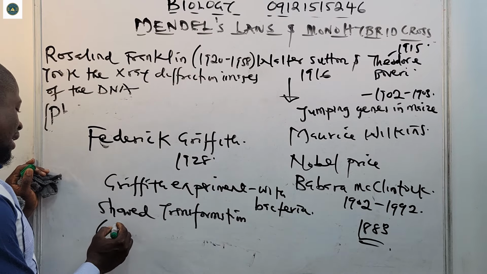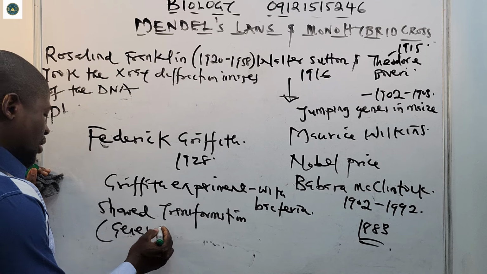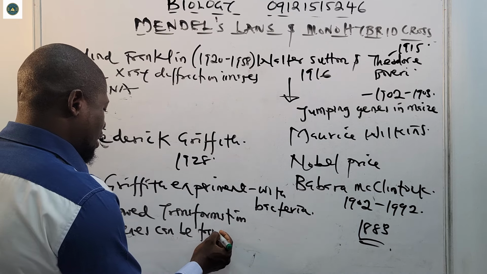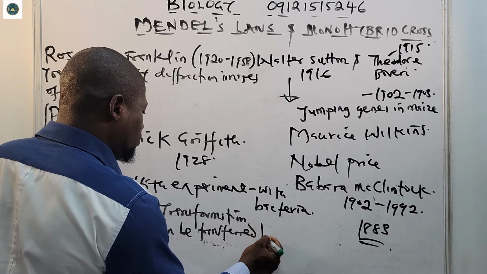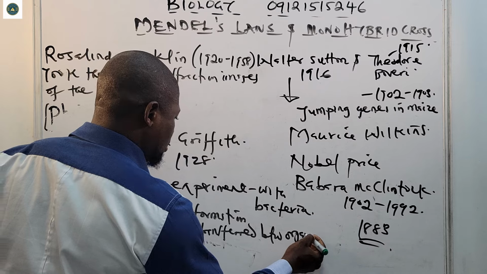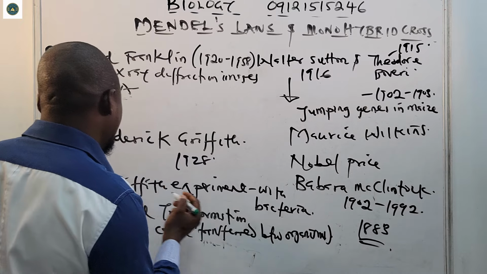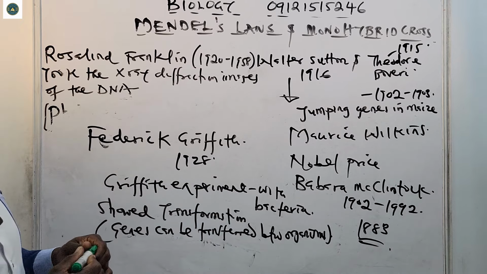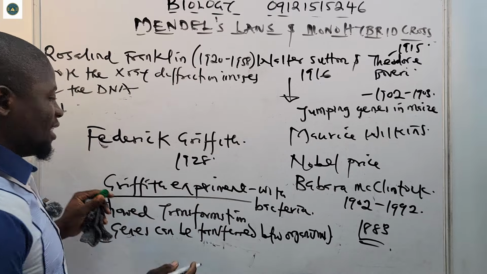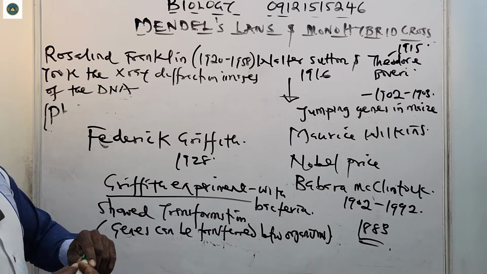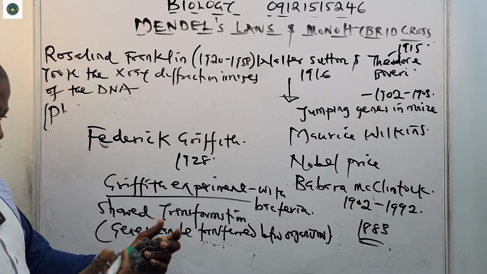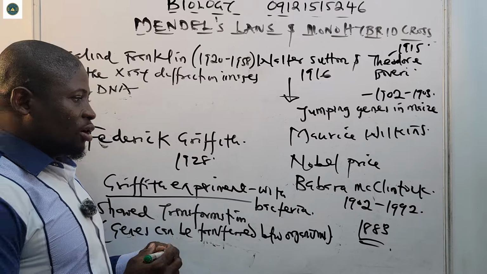It concluded that genes can be transferred between organisms. So Frederick Griffith conducted the Griffith experiment with bacteria, which showed transformation, that genes can be transferred between organisms.